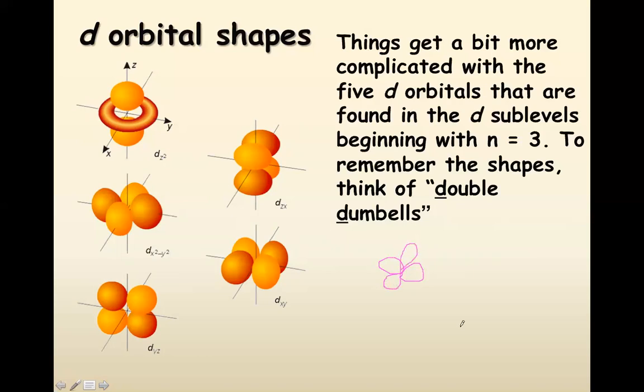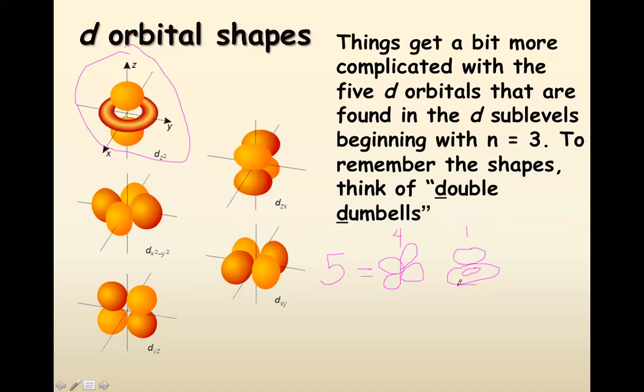It will help you remember that that's a d orbital. And then you've got one that looks this way, so do the best you can with that. But with the d orbitals, make sure that you put in your notes that there are 5 d orbitals. 4 of them look this way, and one of them looks kind of like a donut with 2 donut holes trying to go into it.